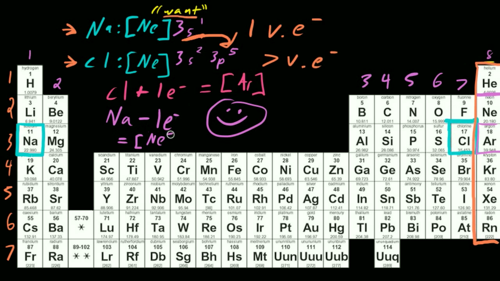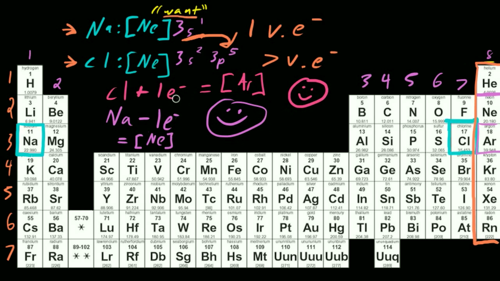And so now both of these elements, now that chlorine gained 1 electron and sodium lost 1 electron, they're both happy. They both have the electron configuration that they each want.